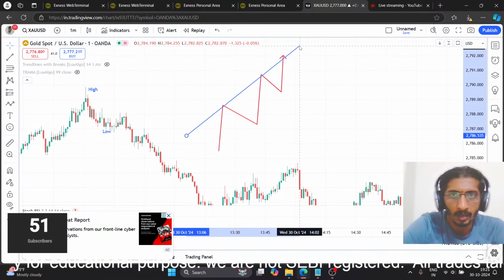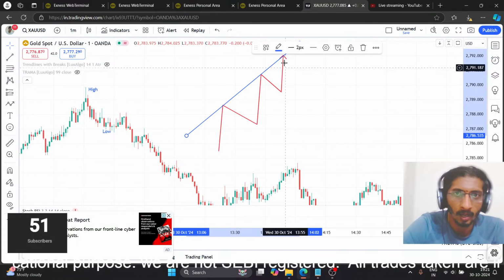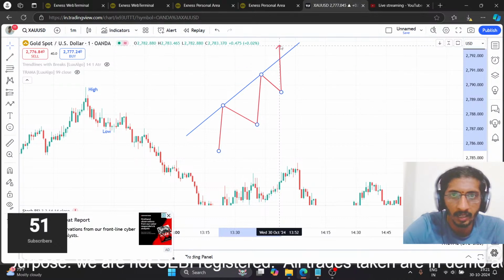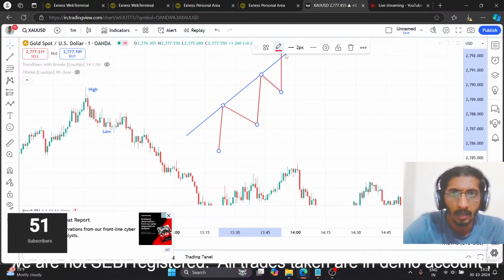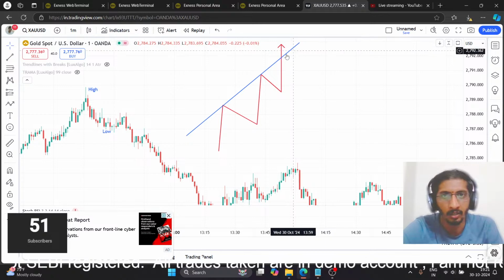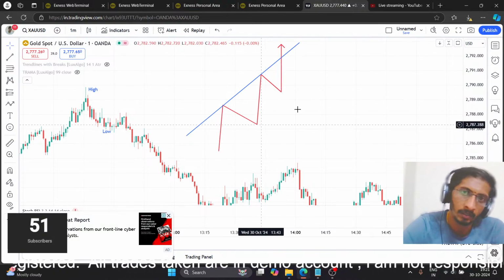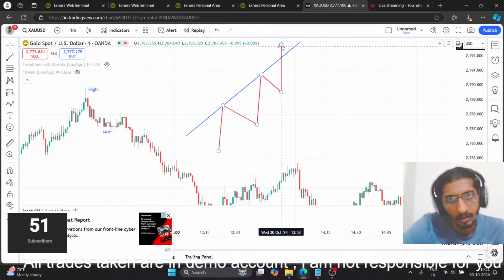So sometimes due to volatility, what happens? This will actually exceed the trend line and it will start going further up. So, just a minute.